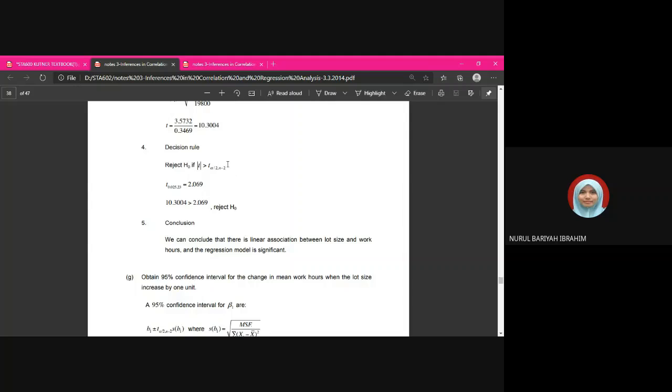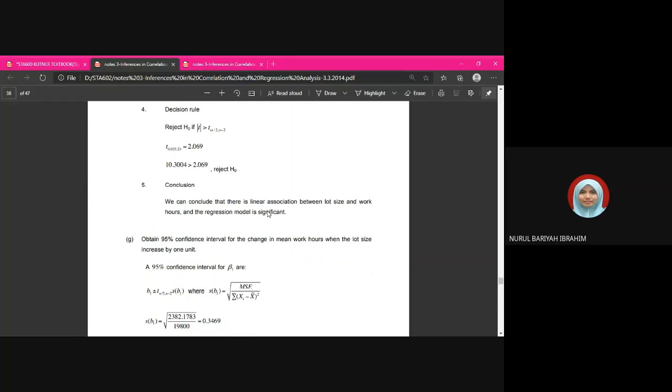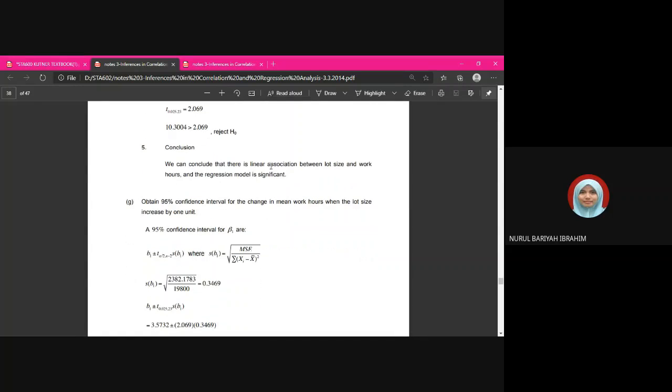Nanti later if we proceed with multiple linear regression, kat sini value of degree of freedom will be different. Okay, when compared with the critical value, it seems that the T statistic is more than the critical value, so we reject H0. So lastly, we can conclude that there is a linear association between y and x, then the regression model is significant.